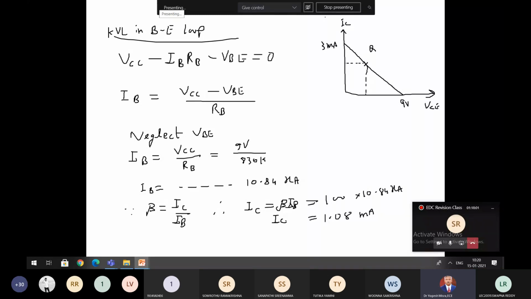Right? Now, once you get the value of IC, you apply KVL in the collector emitter loop. Right?